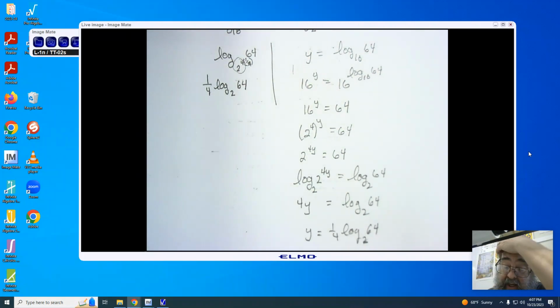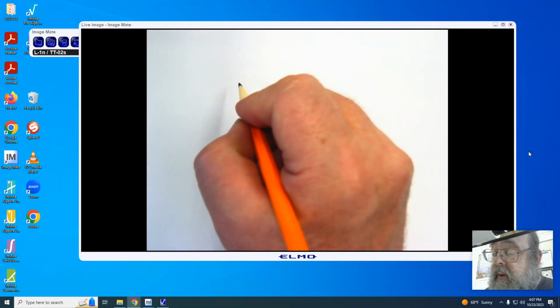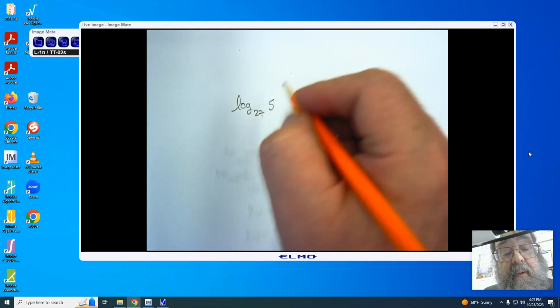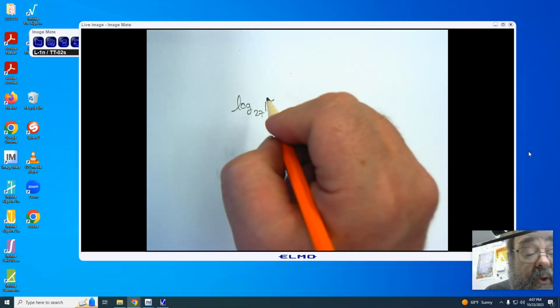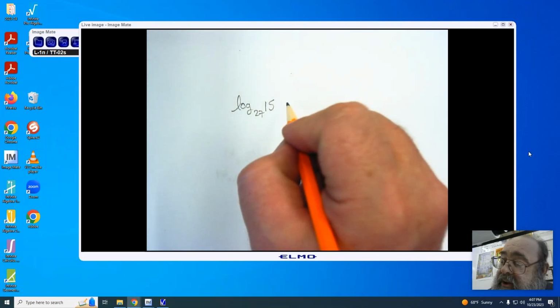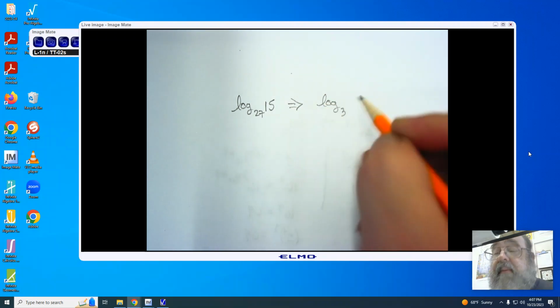Okay, let's take a look at another example and see if it doesn't get any easier. Let's take log base 27 of 15, and we're going to change it into a log base 3.